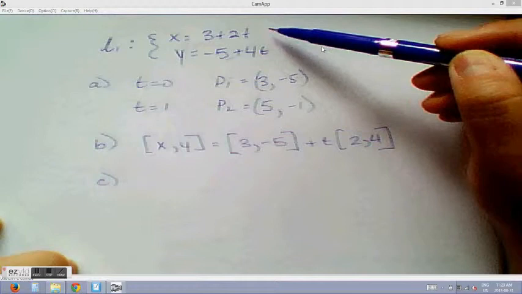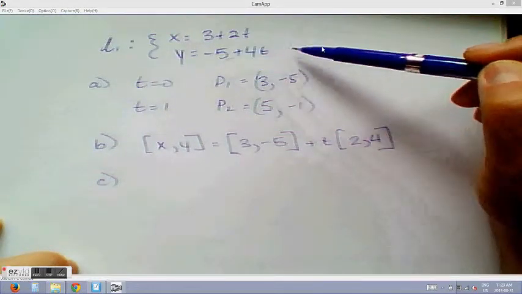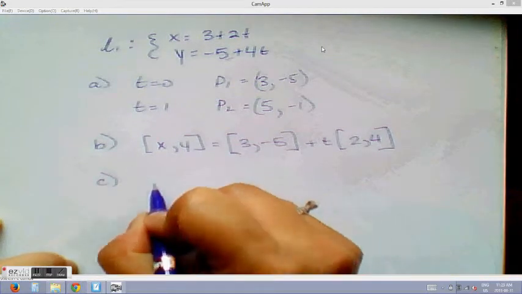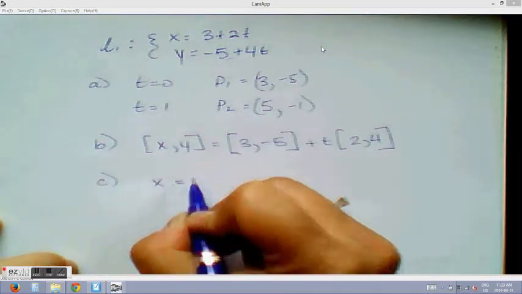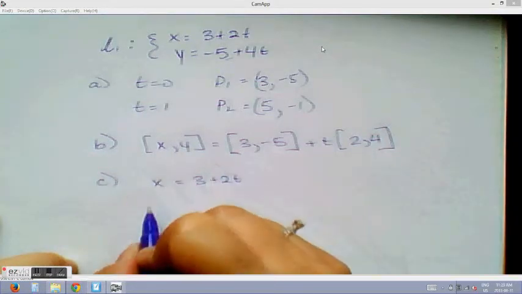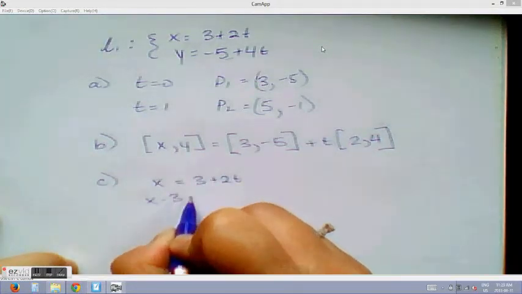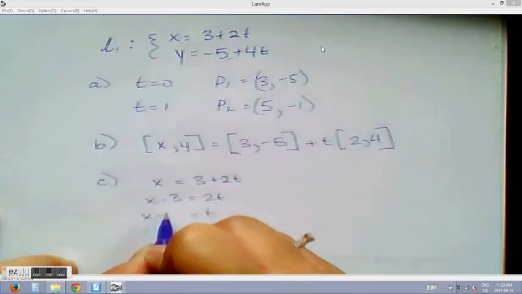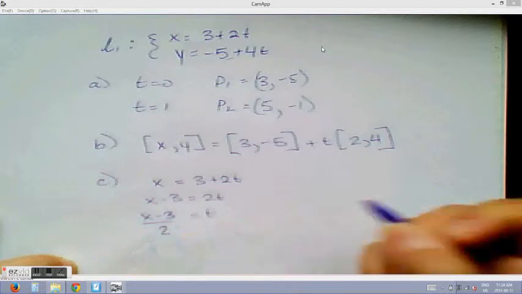Since we have 2 equations, we eliminate t by setting them equal to each other, after we isolate for t. So first, let's write out each part. 3 plus 2t, I'm going to isolate for t. So x minus 3 is equal to 2t. t then is equal to x minus 3 all over 2.